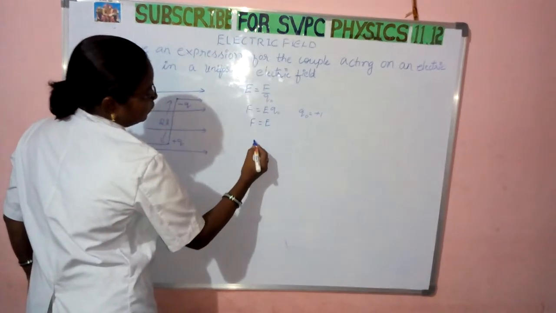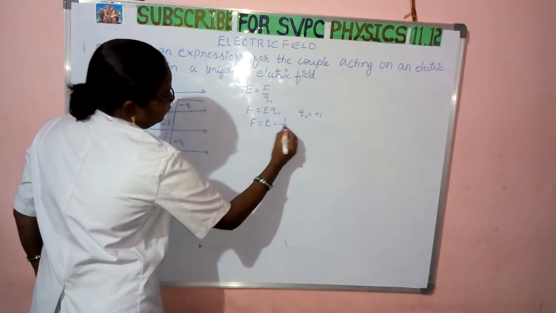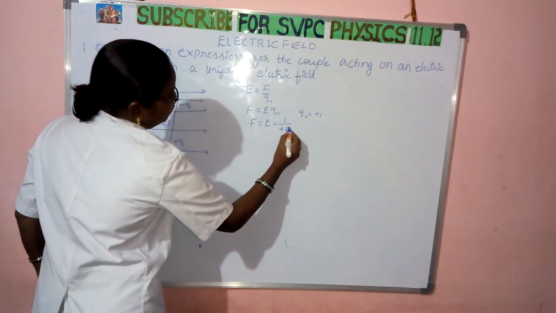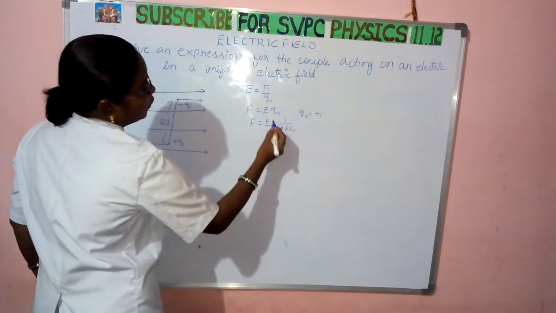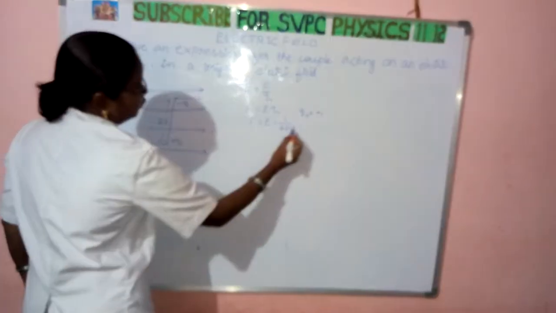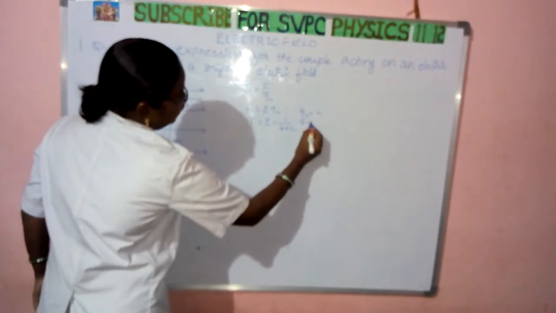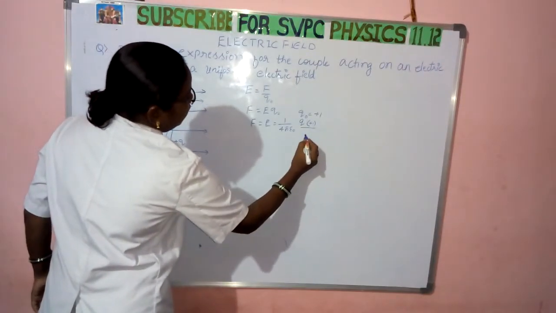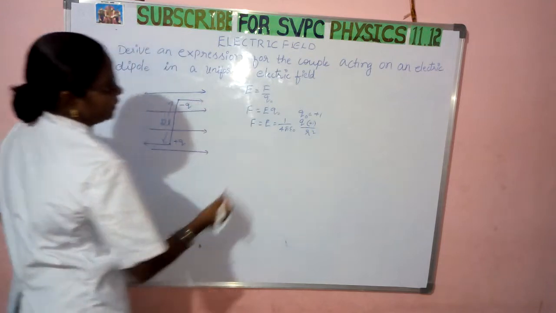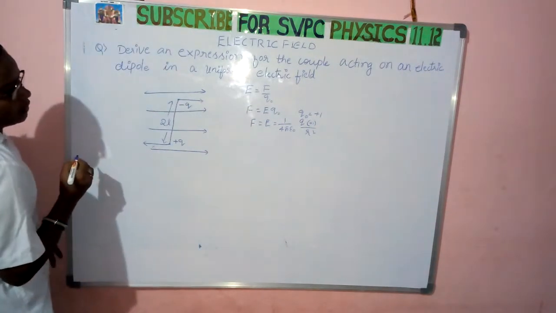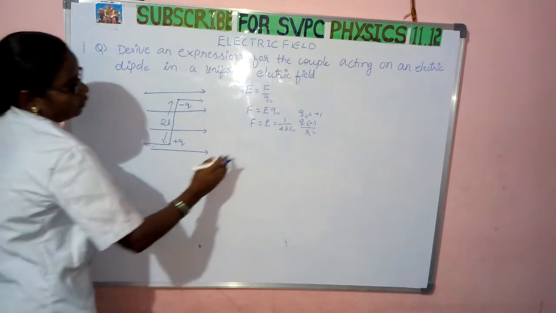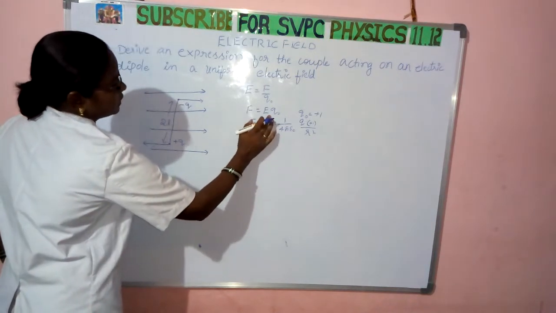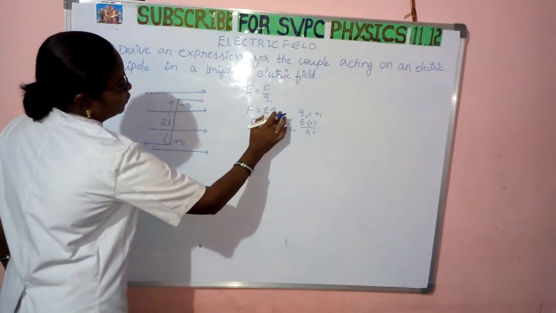What is the expression for E? 1 by 4 pi epsilon naught Q1 Q2 by R square, where Q1 is plus Q and Q2 is plus 1. So here F is equal to E into Q. I can write it simply, no need to write this expression, just substitute EQ.